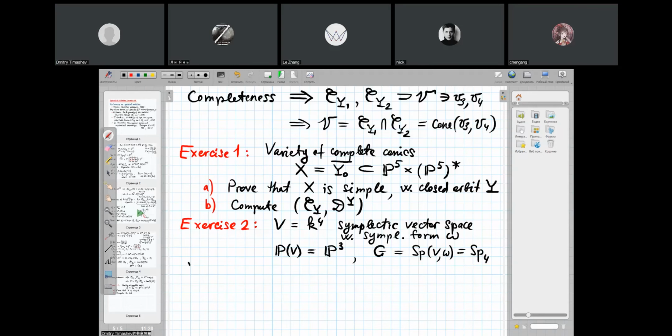Now Y naught will be the set of pairs of points P1, P2 sitting in the double of this projective space, P3 cross P3, such that these points correspond to some vectors in the overlying vector space, and the linear span of these vectors is a two-dimensional subspace in V, on which the symplectic form is non-degenerate.